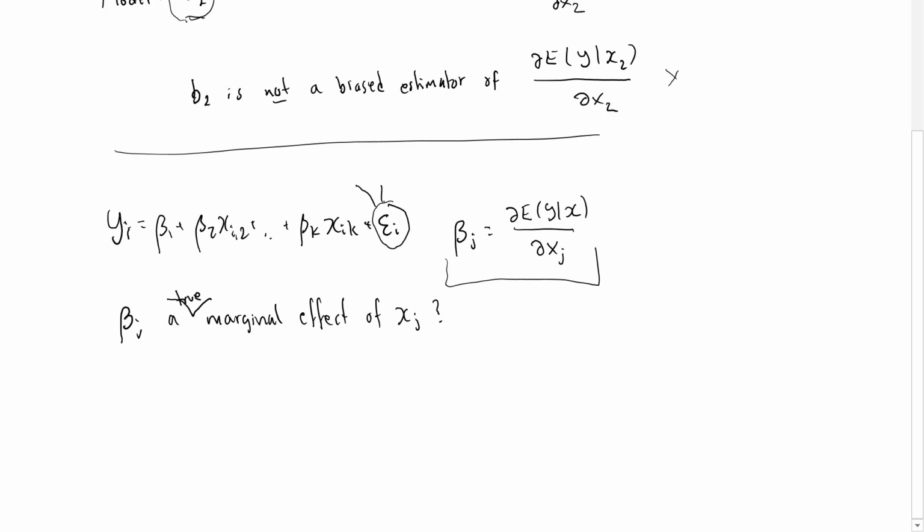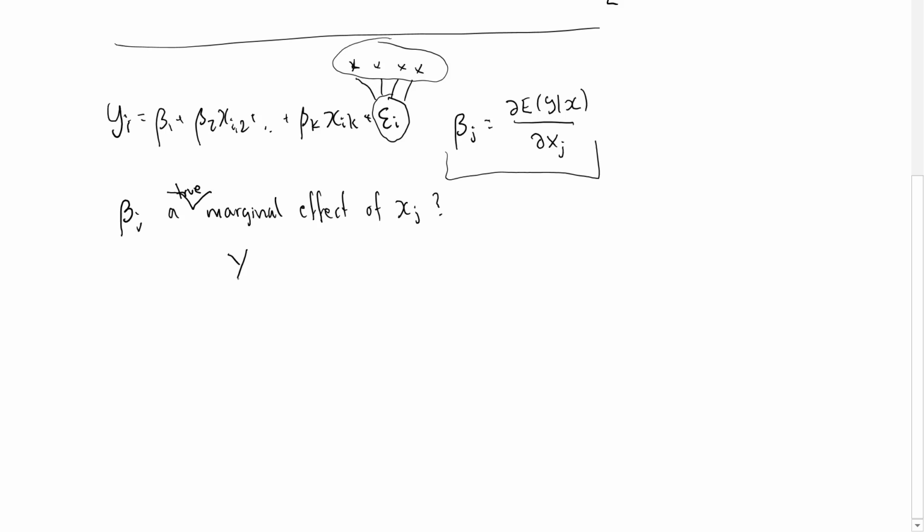So it really depends on what we have accumulated in our error term. So you can think of this as containing a whole bunch of additional x variables. So the question is, am I really allowed to claim that beta j measures the effect if I keep all x variables, including the ones in the error term, constant? And now we know the answer to that.